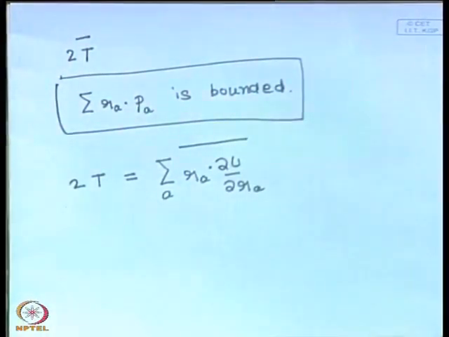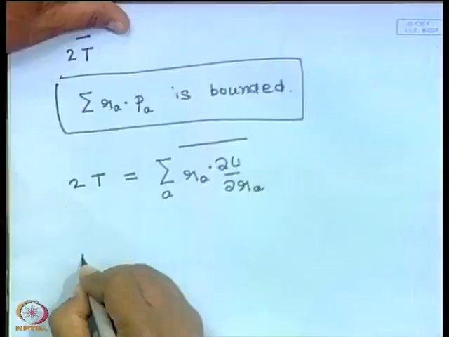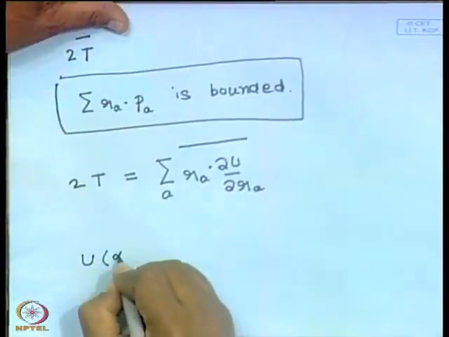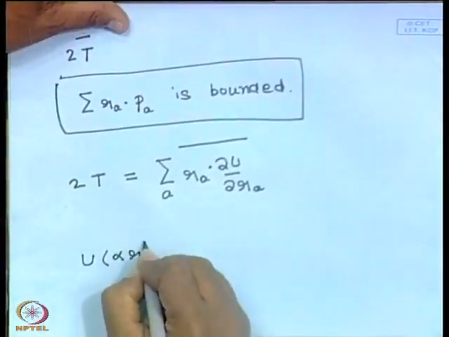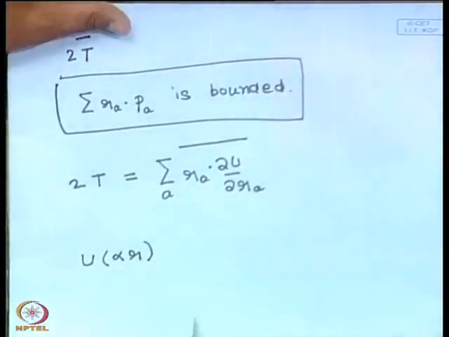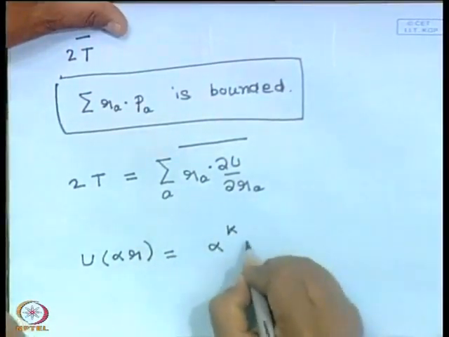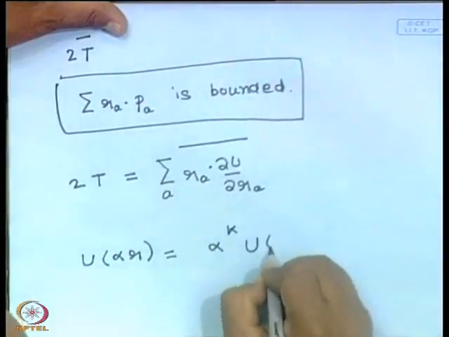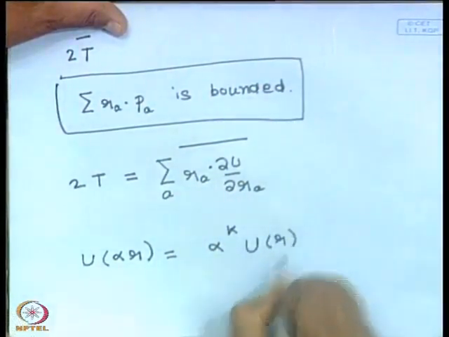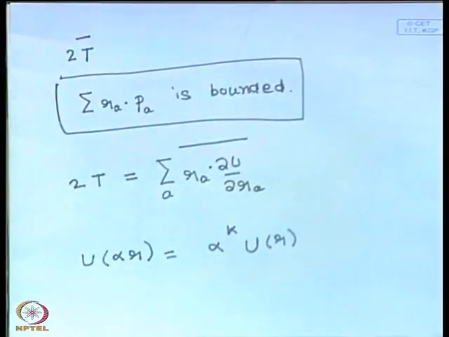and in the last class we were discussing what happens when the potential is homogeneous. So let us again assume that the potential is homogeneous. So U(alpha r), if I scale all the r's by a value alpha, will go to alpha to the power k times U(r).